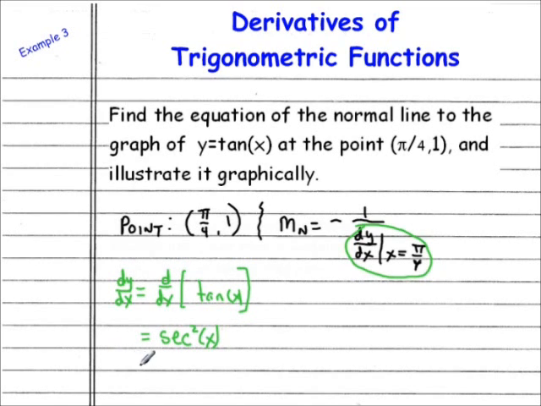So when we evaluate, we're going to take this derivative and evaluate it at x equals pi over 4.